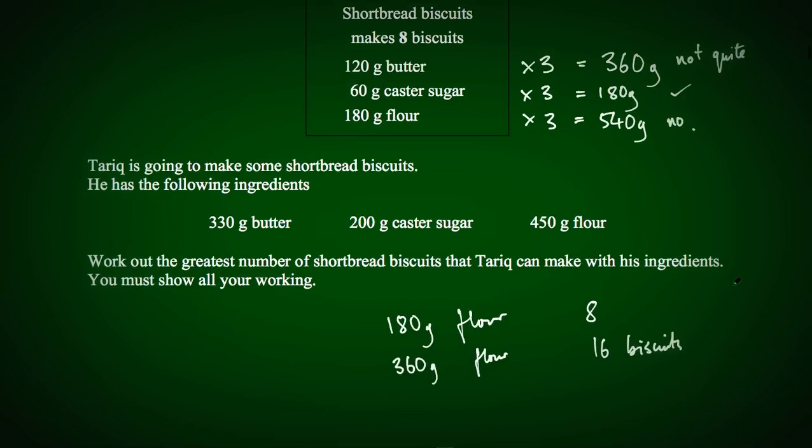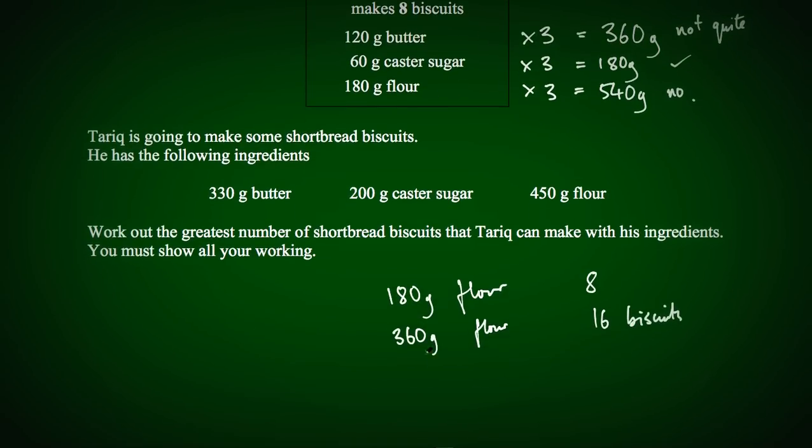And if I can add 90 to that again, which I can, that makes 450 grams of flour. And that is half of 180, so that's another 4 biscuits, so that's 20 biscuits overall.